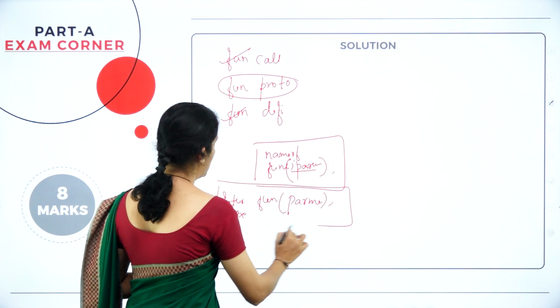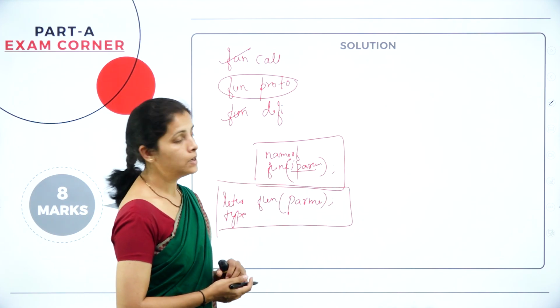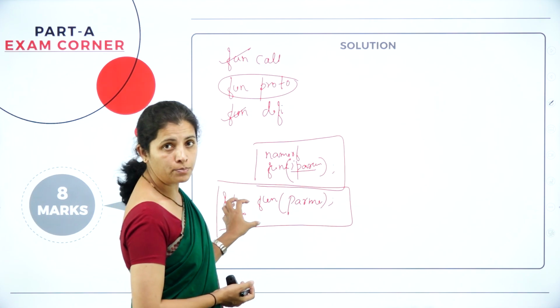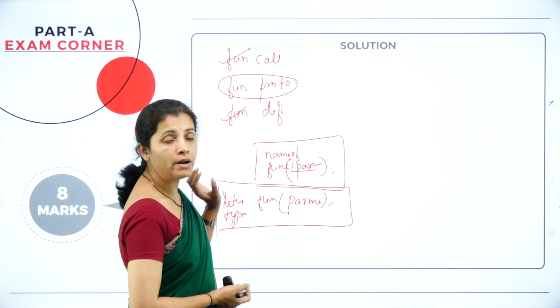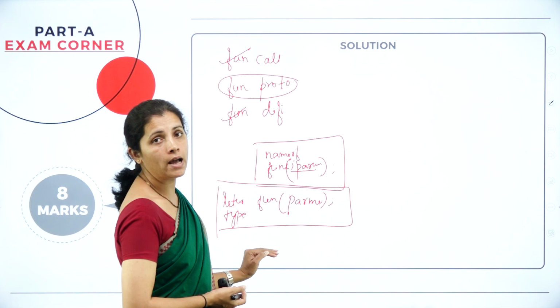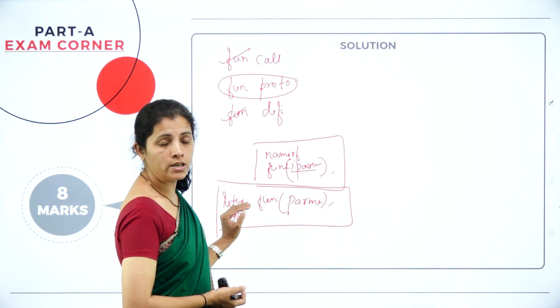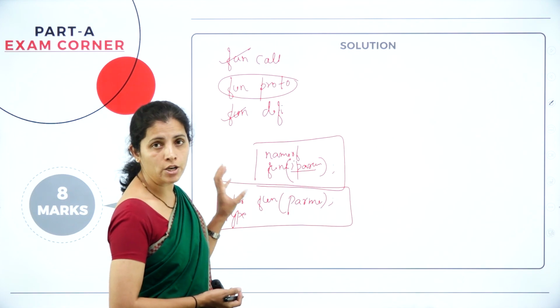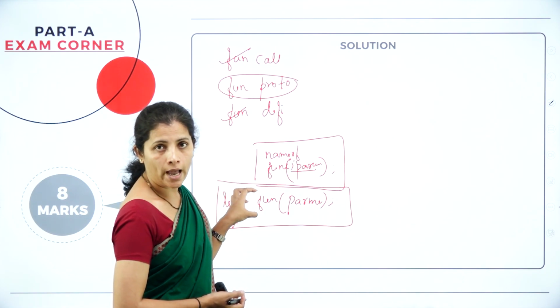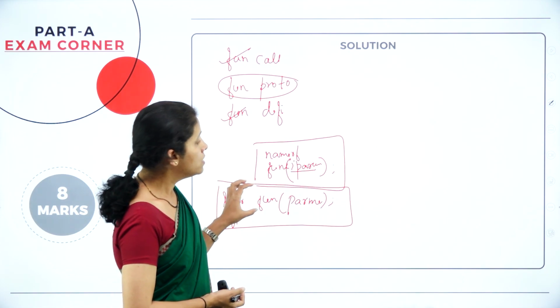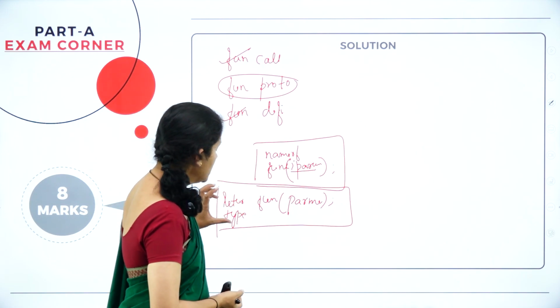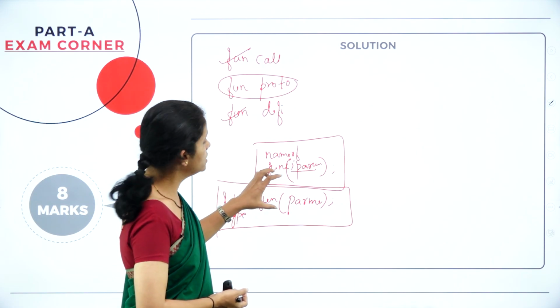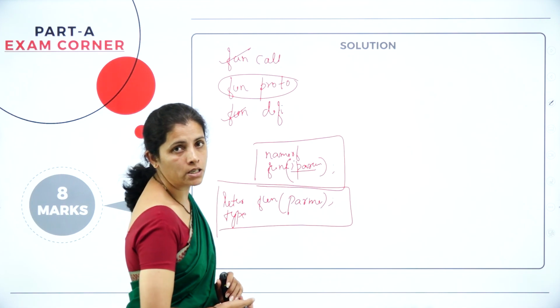So, this is my function prototype. When I write the function below the main program, I want to inform the compiler that I am going to use the function in my program. So, these are the return type, the function name and the parameters.